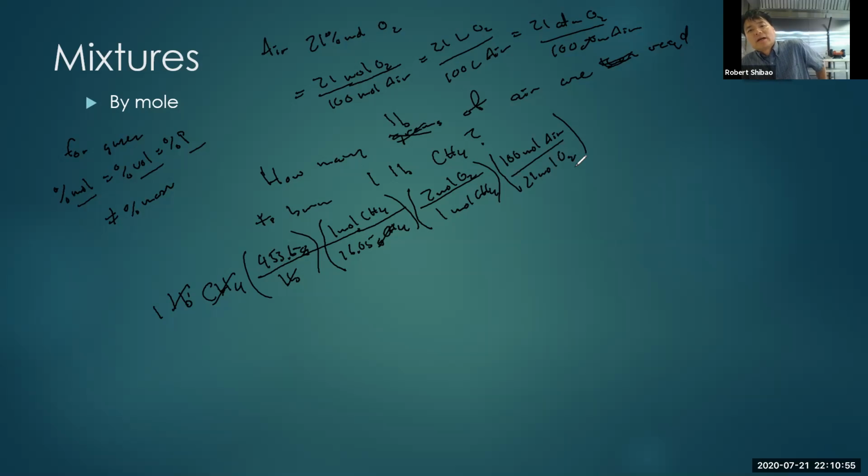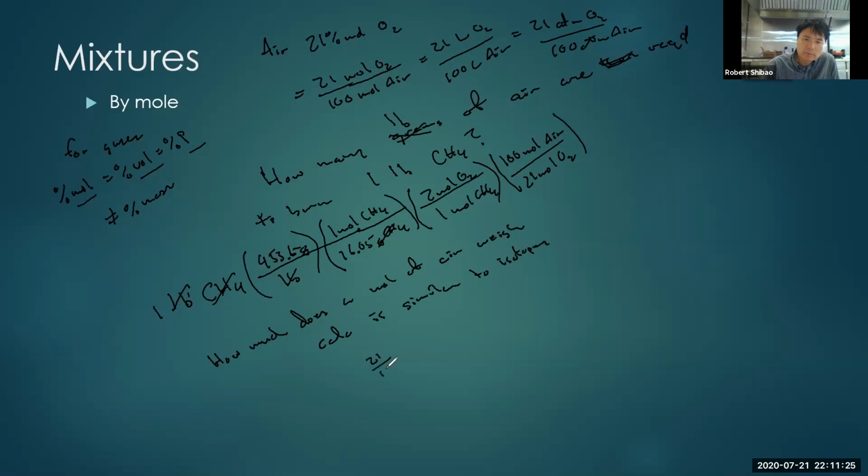Now we have 100 moles of air. Well, how much does a mole of air weigh? Okay, this calculation is similar to isotopes. There's 21 out of 100 parts oxygen, by moles, and the molar mass of oxygen is 32.00 grams.